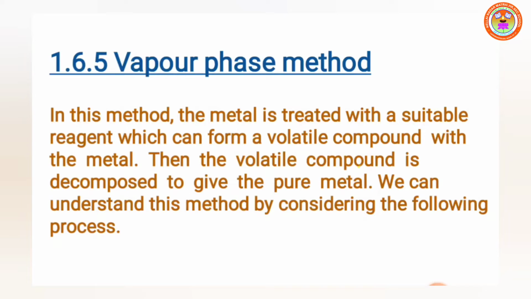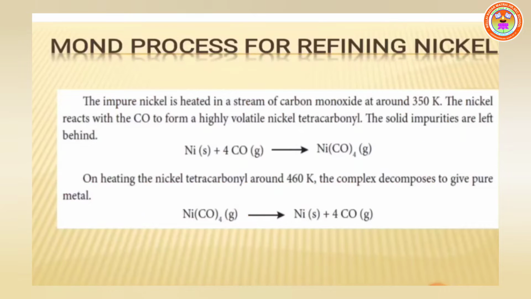The metal is treated with a suitable reagent which can form a volatile compound with the metal. Then the volatile compound is decomposed to give the pure metal. Understand, children? Metals like nickel, titanium and zirconium are refined by the vapor phase method.